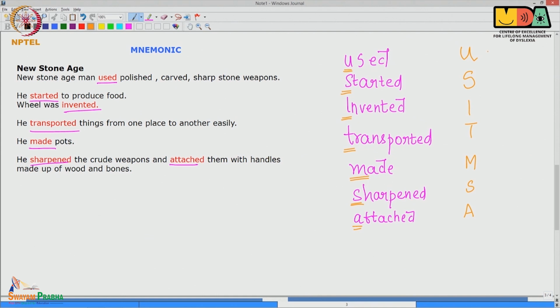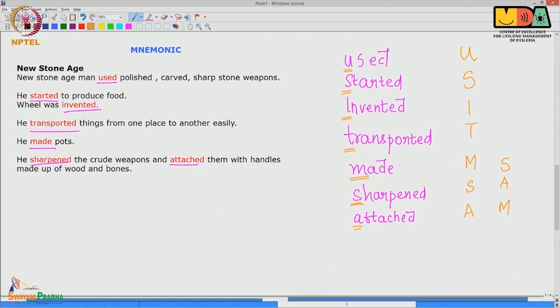So, the first four automatically fall into a word which is U, S, I, T, and instead of M, S, A, I am just going to reshuffle those letters and write S, A, M, meaning Sam. Please note that it does not make any difference to the answer. There is no sequence involved.